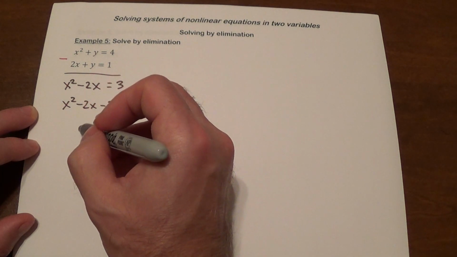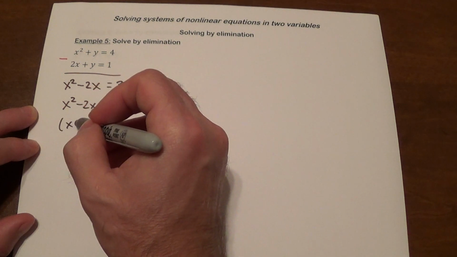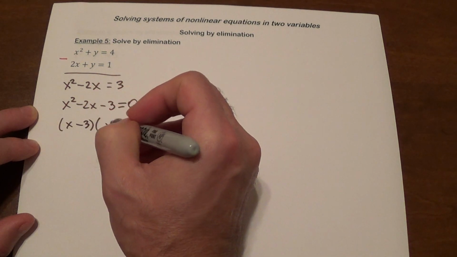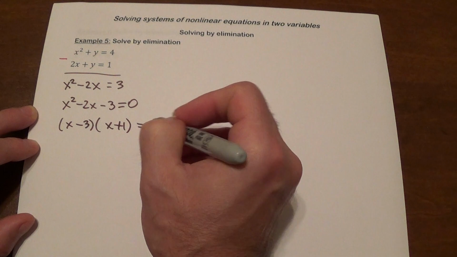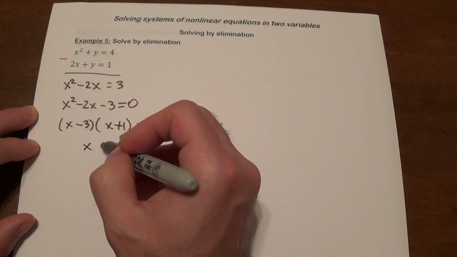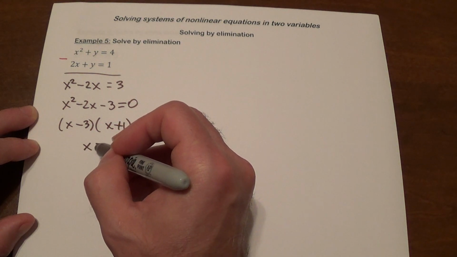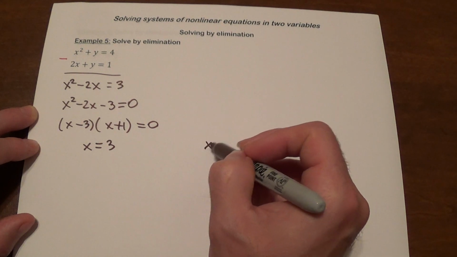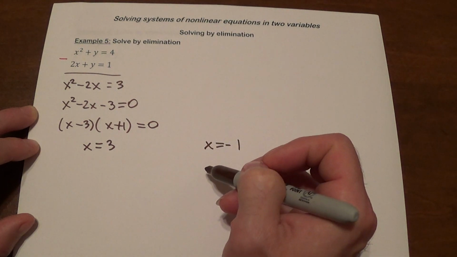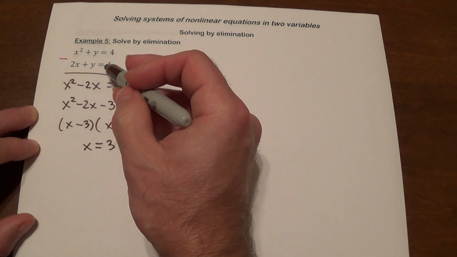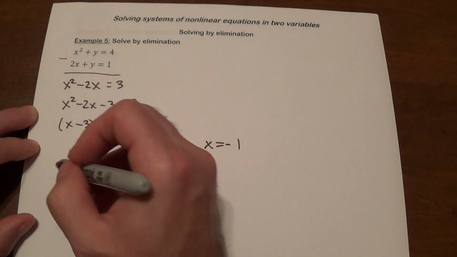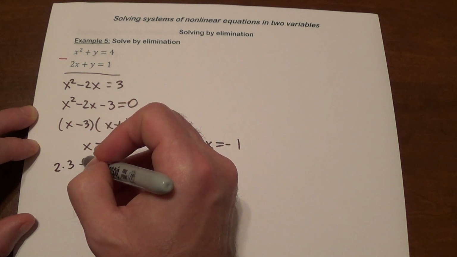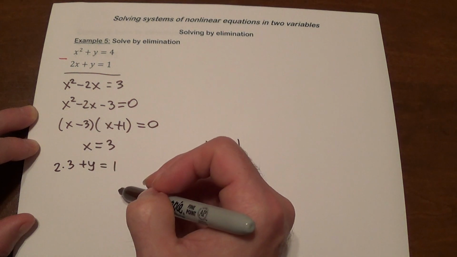That gives me (x − 3)(x + 1) when I factor it. That's going to give me two values of x. So x is going to equal 3 and x is going to equal −1. I would probably use the second equation, it's easier. So 2 times 3 plus y equals 1.